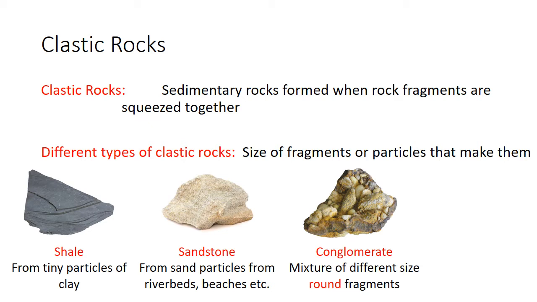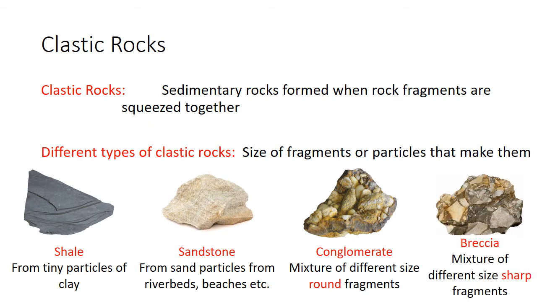Conglomerate is a mixture of different size round fragments. All the fragments in conglomerate are round. Lastly, breccia is a mixture of different sized sharp fragments.